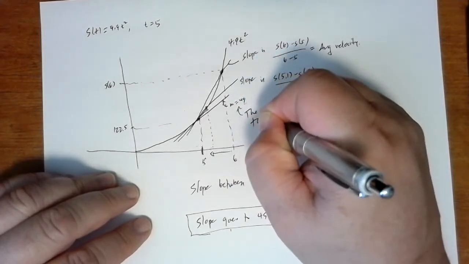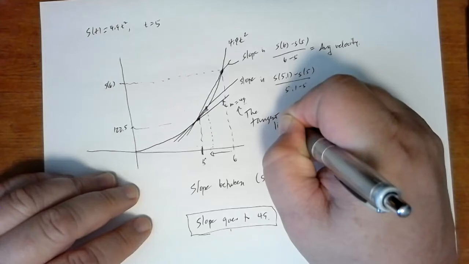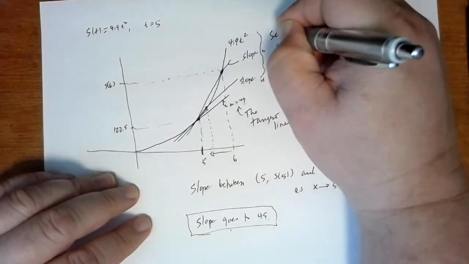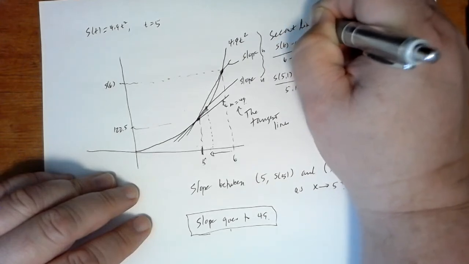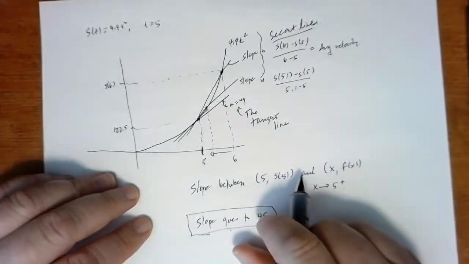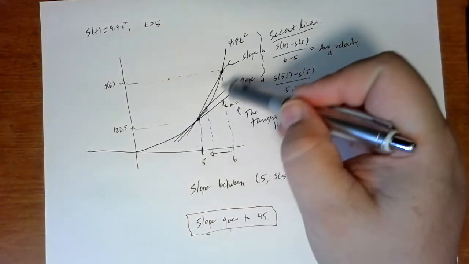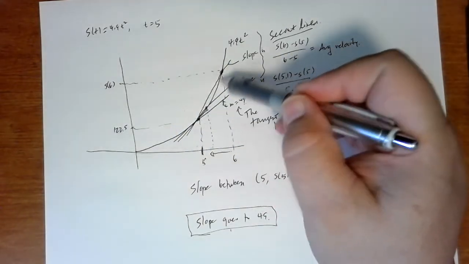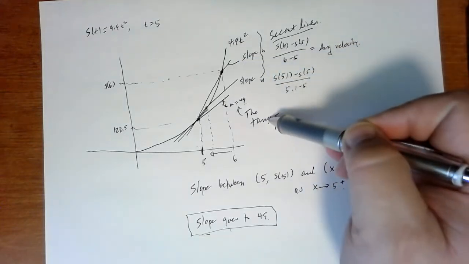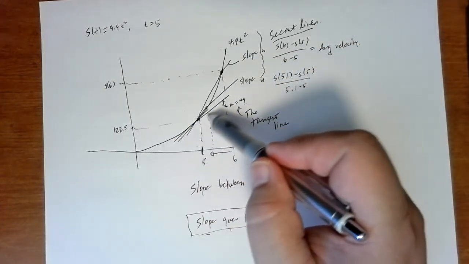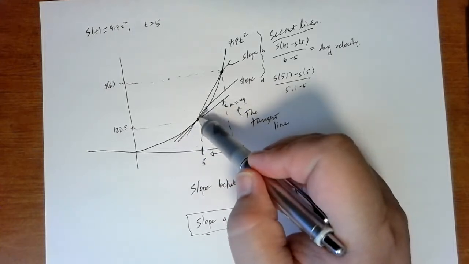And these lines up here are called secant lines, just to get a little bit of vocabulary. So a secant line is a line that goes through a curve in 2 points, and the tangent line is a special line that goes through the curve at 1 point.